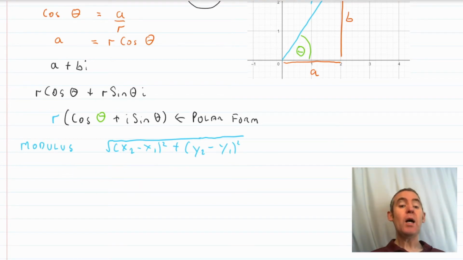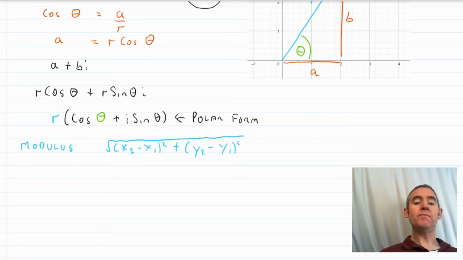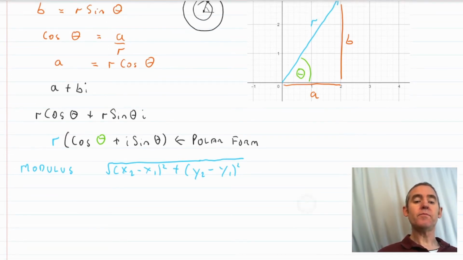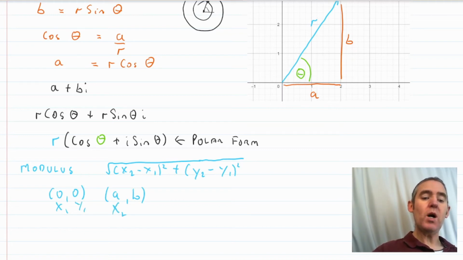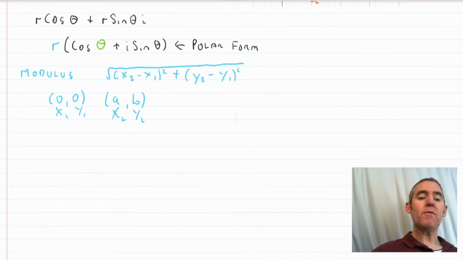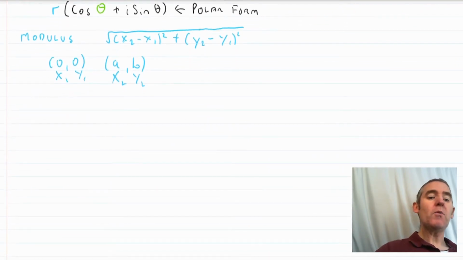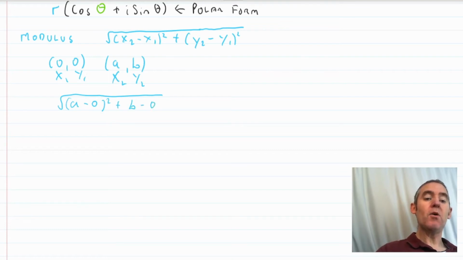Okay, so we'll use our two points, 0, 0, which is the origin, and the other point, a, b. If this is x1, y1 and x2, y2, and we plug that into the distance formula, we get the square root of a minus 0 all squared plus b minus 0 all squared.